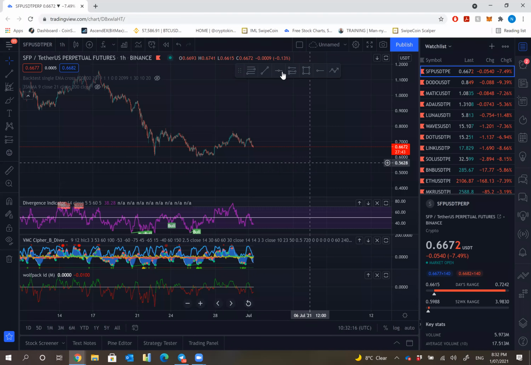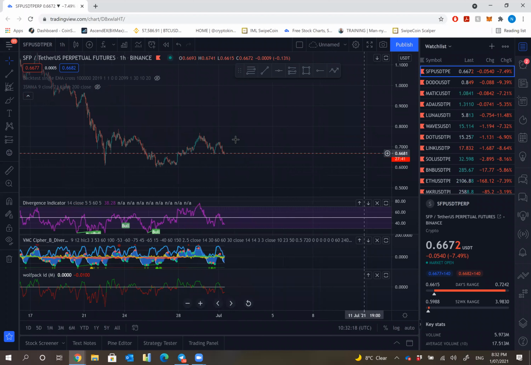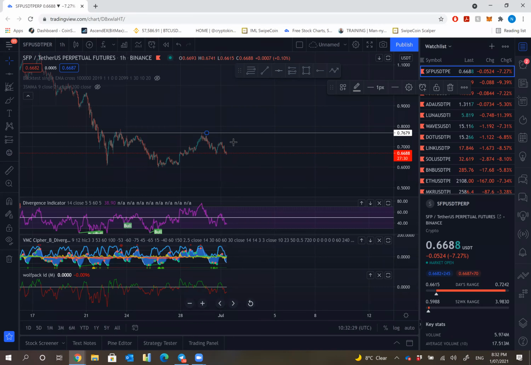So say that I entered a trade here. You've got a bit of market structure around this point here, and a bit of market structure around this point here. In a bullish market, I personally don't like to take profits anything less than 100%.